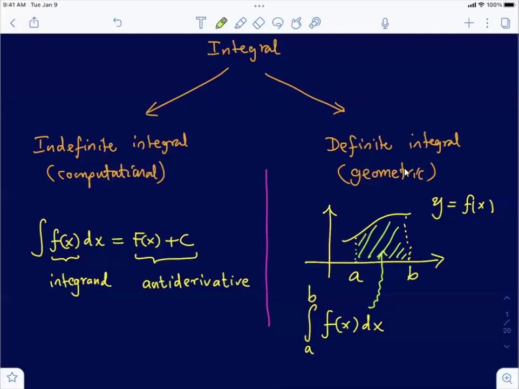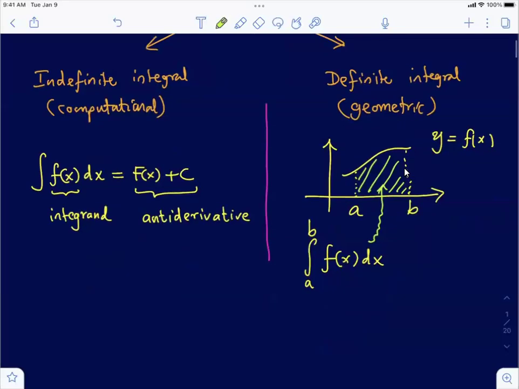These two come from two different perspectives, one being computational, the other one being geometric, but yet why do we have such similarity in these two components? The reason is these two are related to each other. They are related in a way that these two can be linked with each other. And we will see that particular part in a moment.